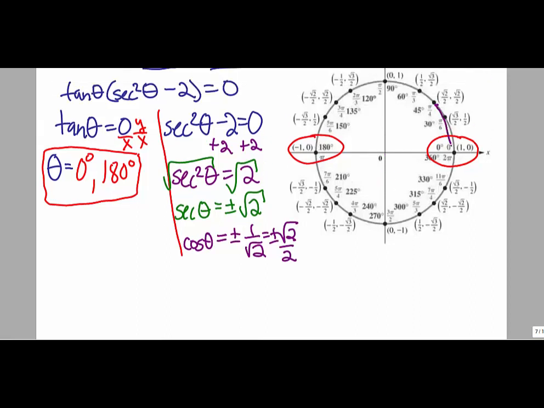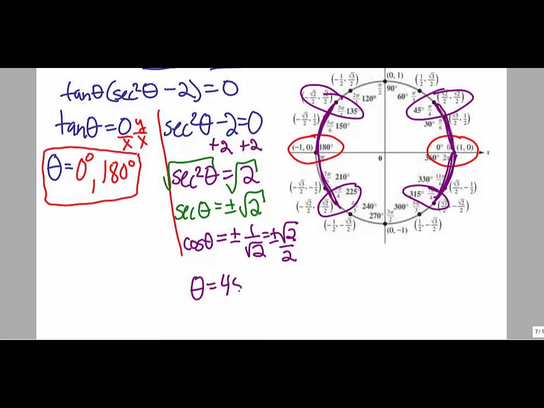So 45 degrees into quadrant 1, 45 degrees into quadrant 2, 45 degrees into quadrant 3, and 45 degrees into quadrant 4. And we're looking at all 4 quadrants this time because we had that plus or minus. So we're looking at 315 degrees, 225, 135, and 45 degrees.